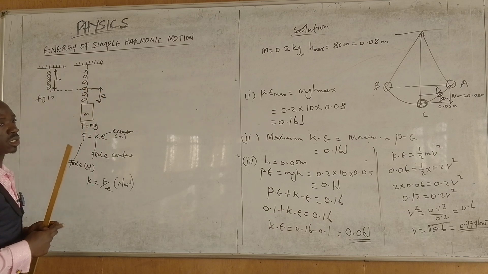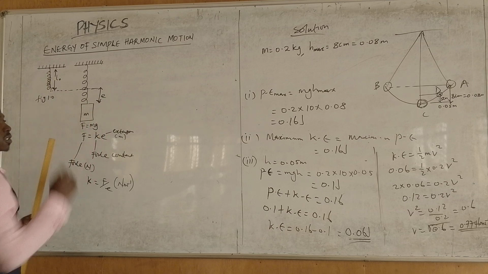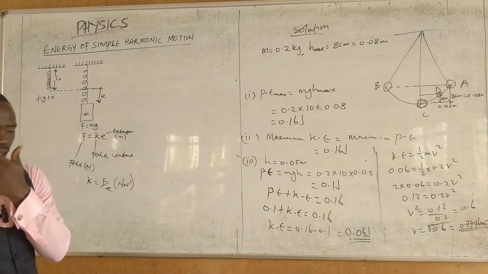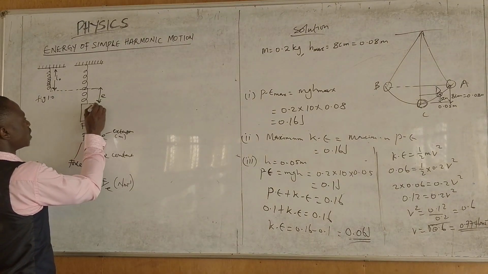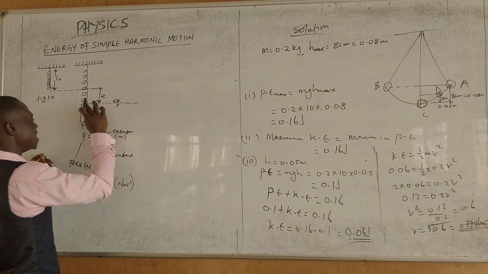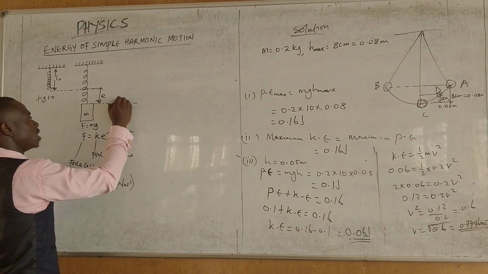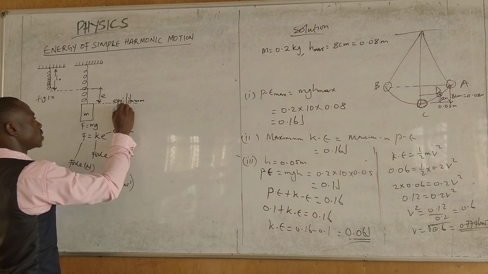Now, please, for your information, when this load is suspended and it stretches the spring by an extension e, this is now going to be the new position of the spring, this point. We now have an equilibrium position. The new position of the spring is our equilibrium position.